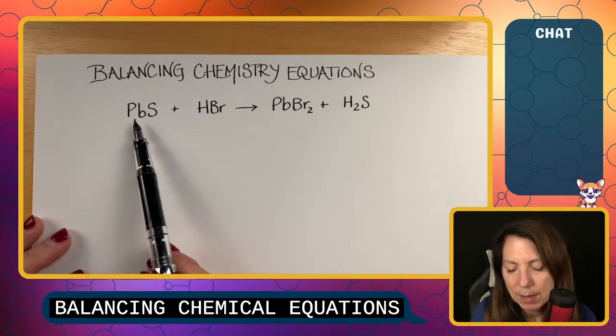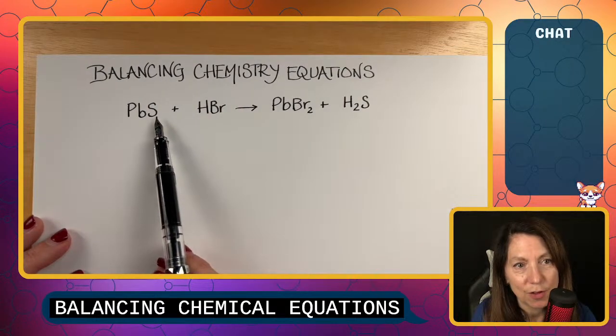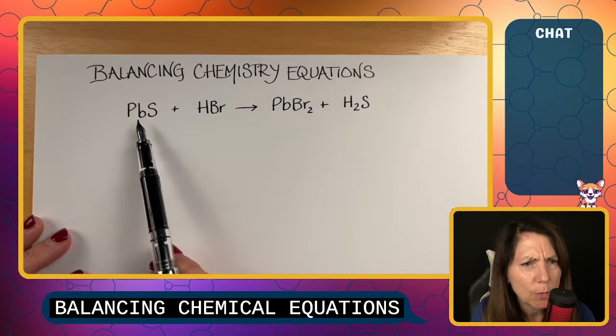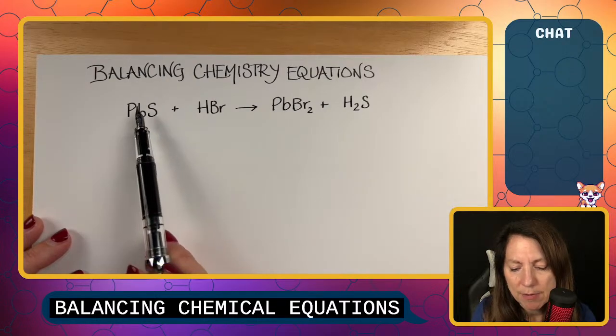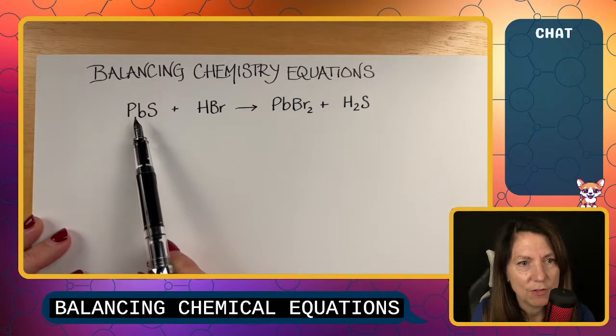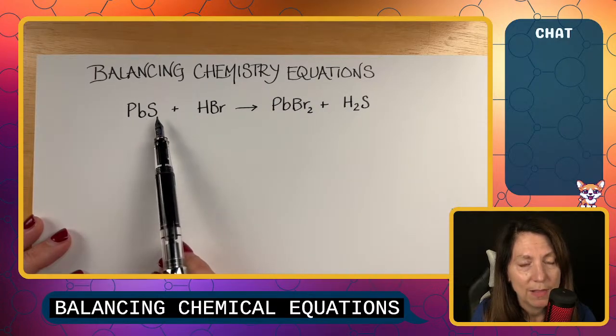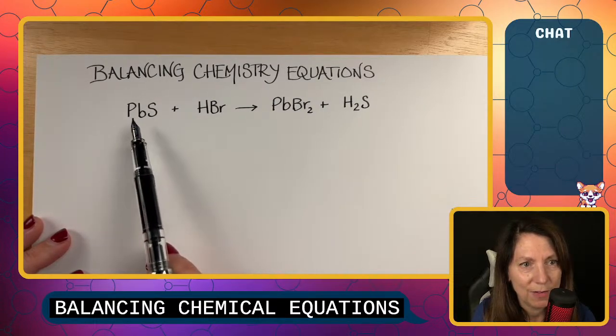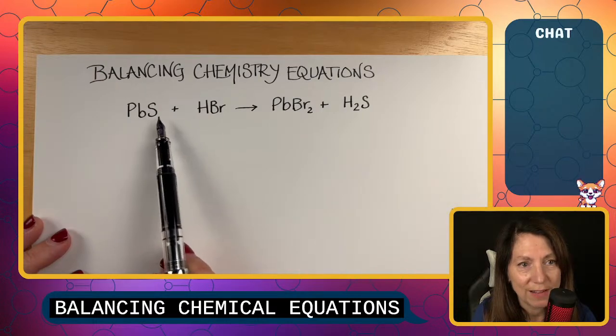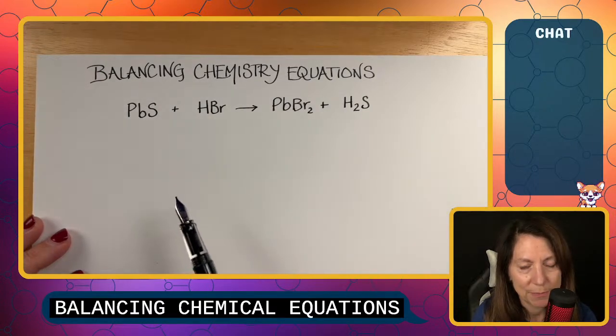When I'm saying lead(II) sulfide, you may wonder where the 2 is. I'm referring to the oxidation number of the lead, which is +2, and the sulfide is -2. Those charges cancel out, giving us this neutral compound.